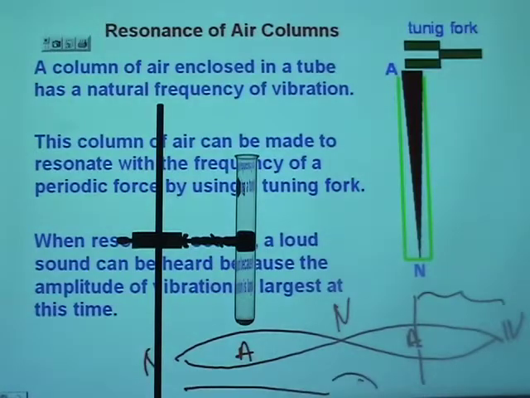If this is lambda, the distance between two alternate nodes, that distance will be a quarter of a lambda. So what we have inside the tube is a quarter of a lambda, the distance between an antinode and a node. Well, we will be using that as we go on.